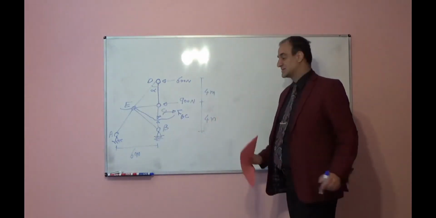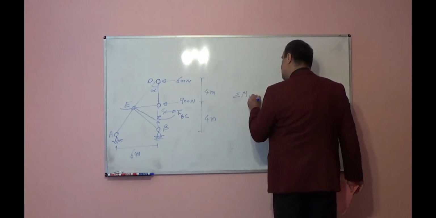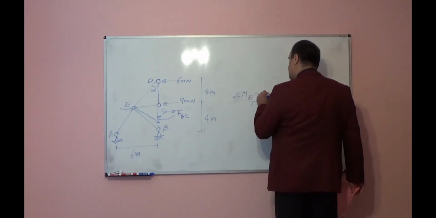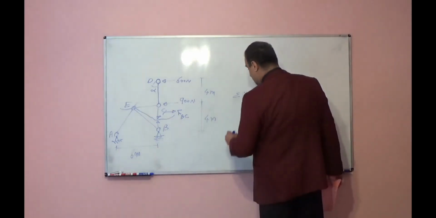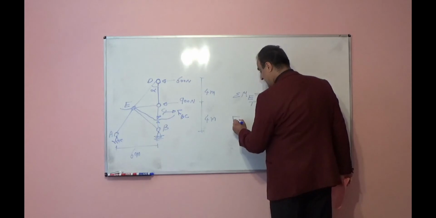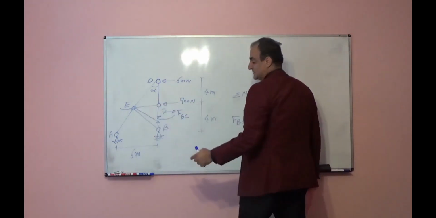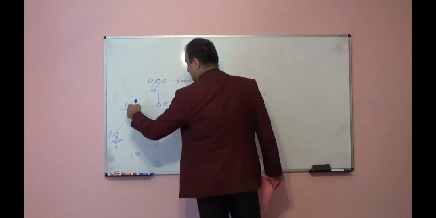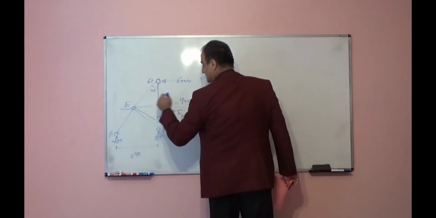That tells us, summation of moment respect to point E for top side is equal to 0. If I do that, what I will have? I will have FBC times distance. If this is 6 meter, this will be 3 meter, because this is triangle and this is middle point.